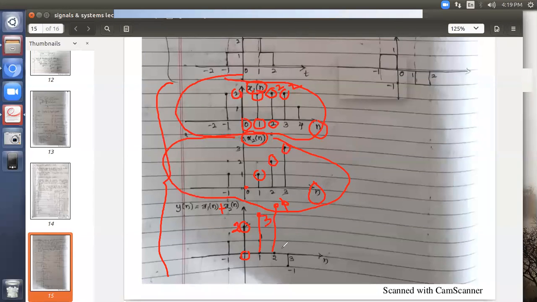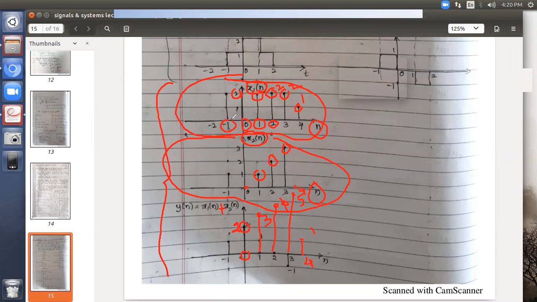So 2 plus 3 is 5. Somewhere here I will point it. You draw it neatly. 5. And at 4, you observe the amplitude is 1. Here there is no amplitude at 4. So 1 plus 0, you should get 1 at point 4. The amplitude is 1.